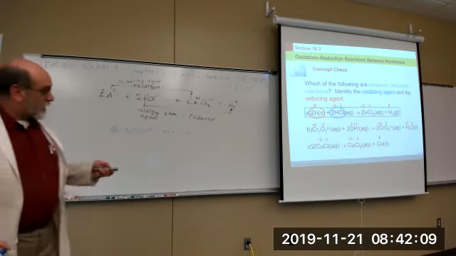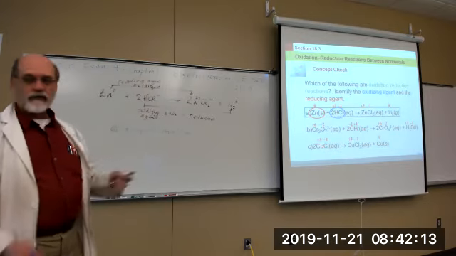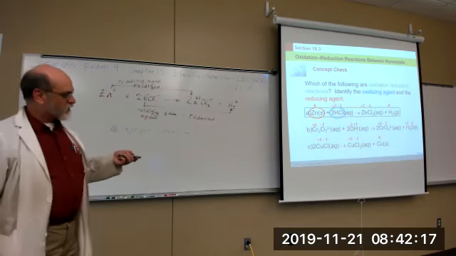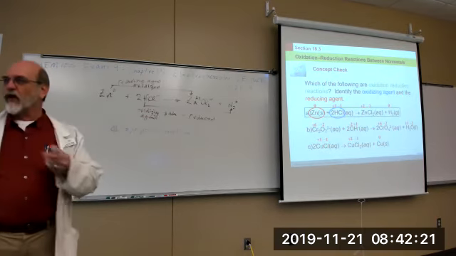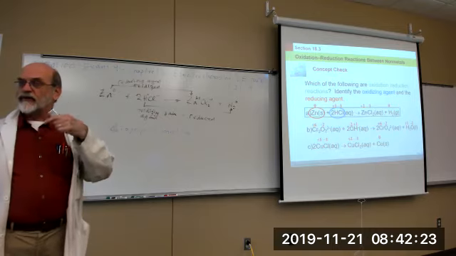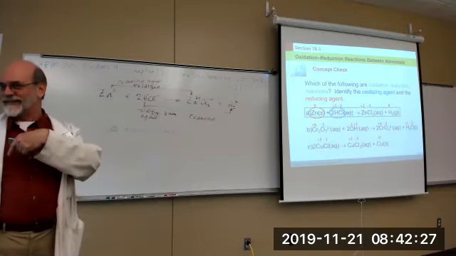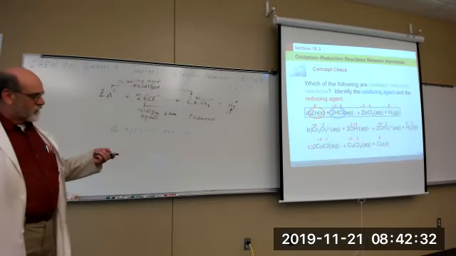Now, it looks like that compound went 2 different directions, like it just split personality. But actually, one of the 2 was the reducing agent, and the other one is the oxidizing agent. Okay? So you got them both here.